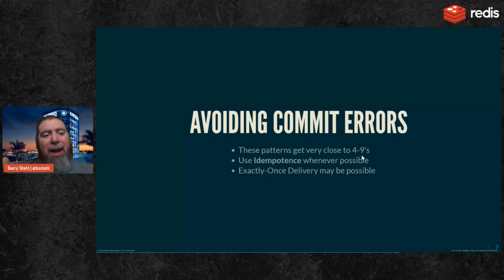So the full exactly once delivery all the way through your application may actually be possible. It's also pretty expensive. There's a lot of work and effort that has to be put into it. So use the pattern with caution, but it's there if you really, really need it.